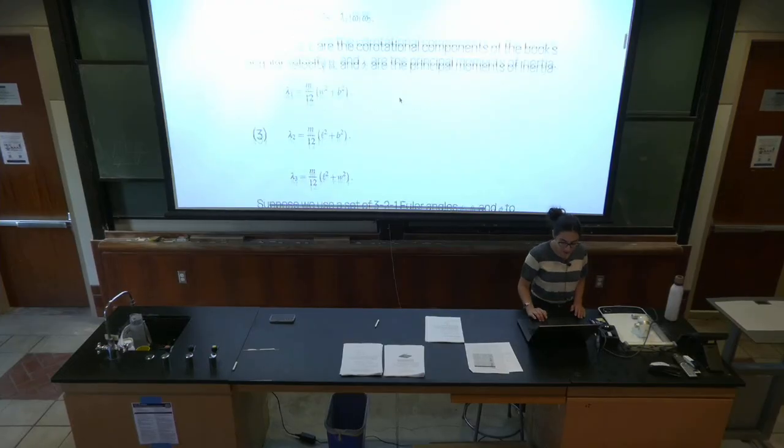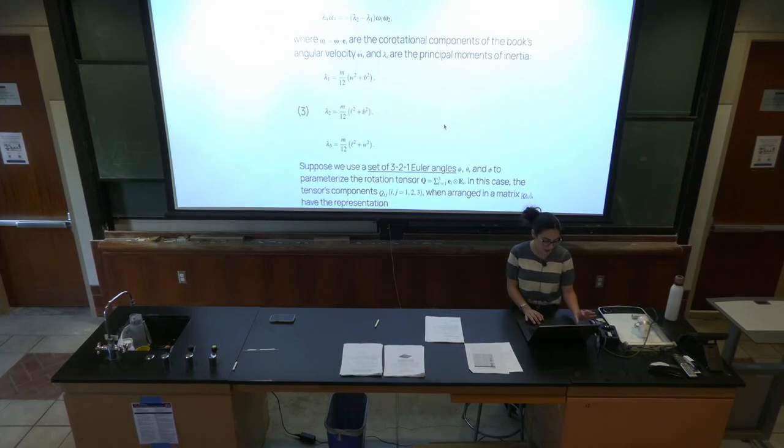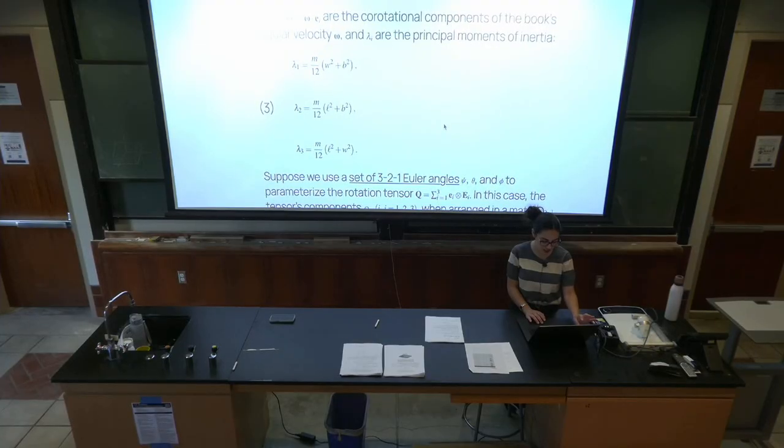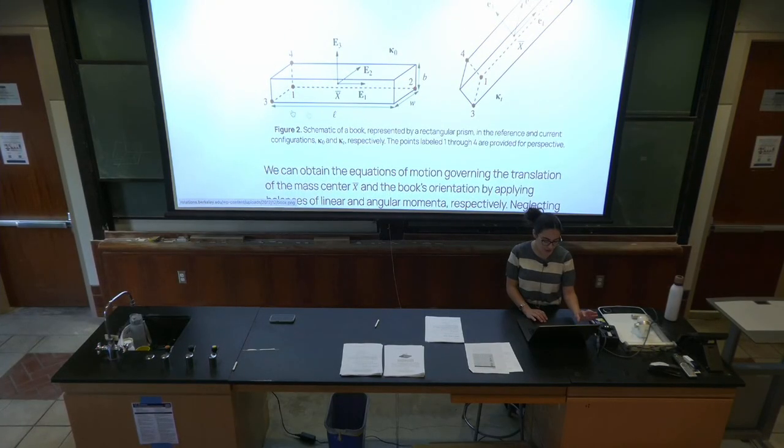So for this body, these are the principal moments of inertia, which I can find from the tables and from the shape. If I look at the shape here, which moment of inertia is greater? Is it about E1, E2, or E3?